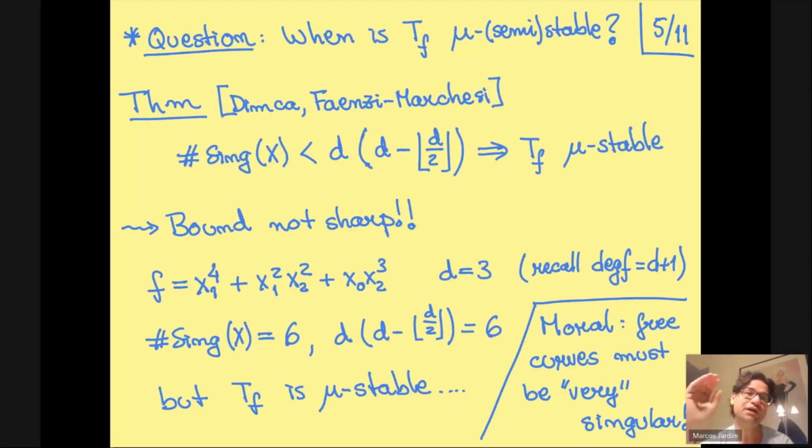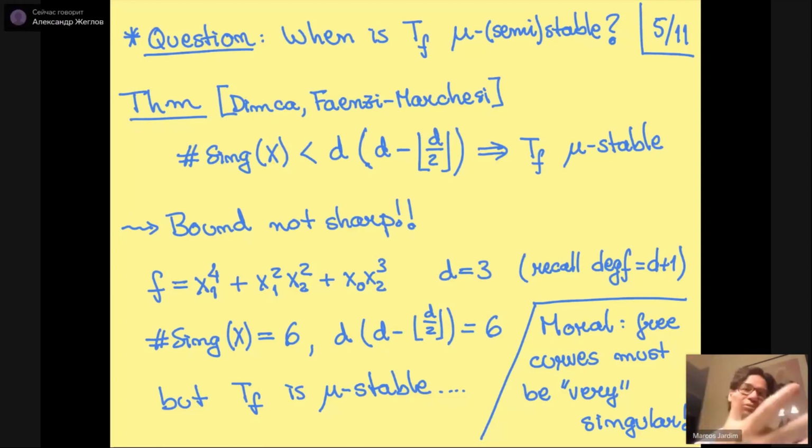So you can do everything that I've said here for hypersurfaces. If you have a divisor in P^N, you can define the logarithmic tangent sheaf for this divisor. And this result says, suppose your hypersurface only has isolated singularities.